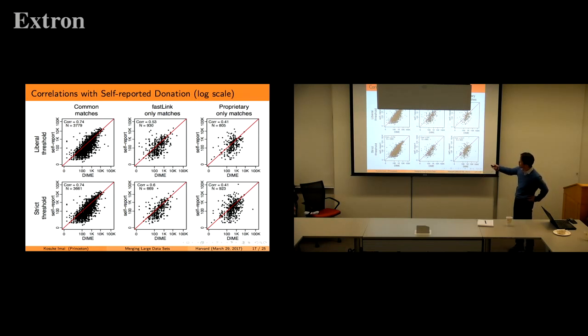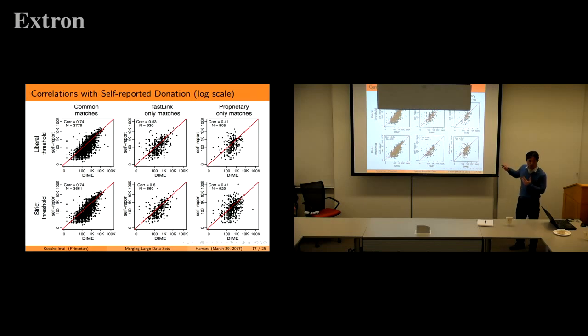So a correlation of 0.75. If we look at just the ones that we called matches and the proprietary method didn't, its correlation is about 50%. If we only look at the matches where the proprietary method called matches, but we didn't, you see that it's 40%. So that's the interesting contrast.